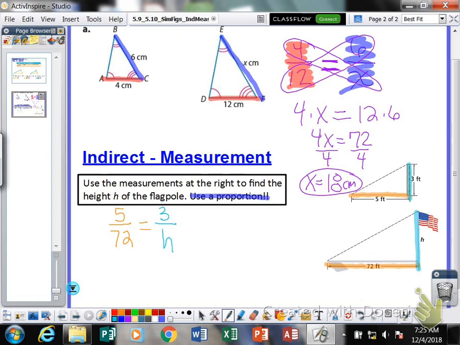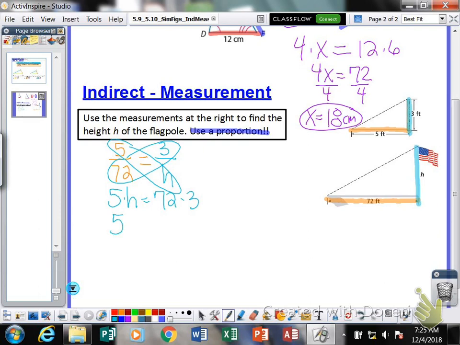Then what we can do is cross multiply. So 5 times h equals 72 times 3, and we get 5h equals 216.